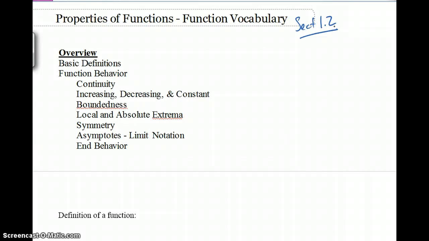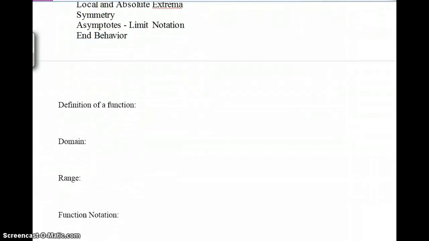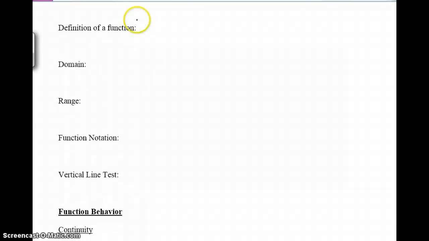1.2 dealing with the properties of functions and learning some function vocabulary we will be using for the rest of the year. To start with, we have our basic definitions. And what I'd like for you to do is to go to page 86 in your textbook, section 1.2, and go through the first half of the page to find these definitions.